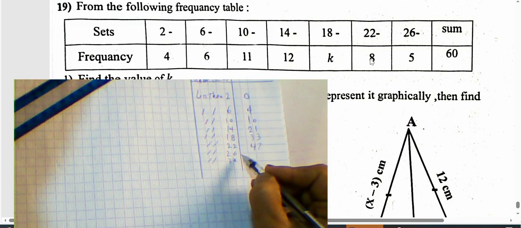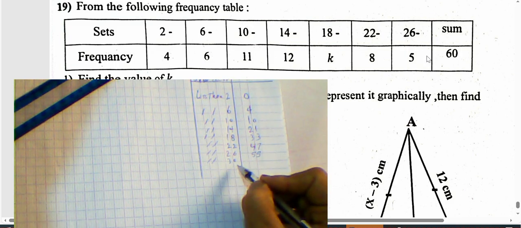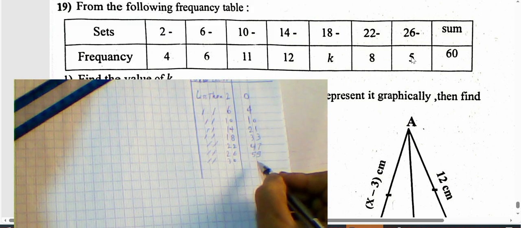Less than 26, 8 plus 47 equals 55, less than 30, 5 plus 55 equals 60.